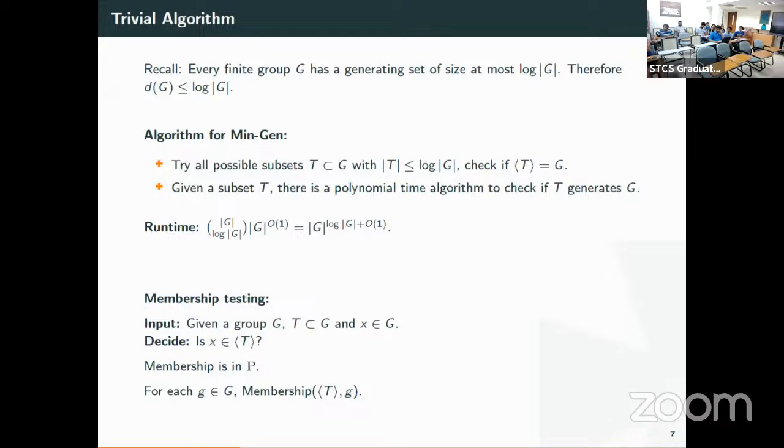Yeah, but it's not an obvious algorithm. Yeah, so it's the Schreier-Sims algorithm. I think the algorithm for membership in permutation groups is called the Schreier-Sims algorithm.